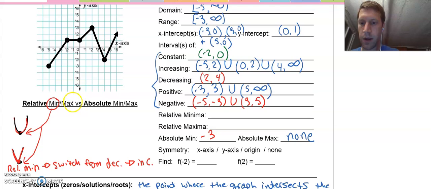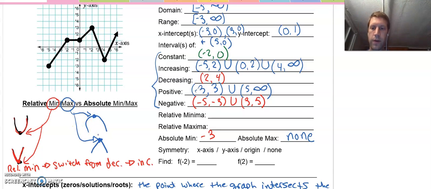Okay, now let's talk about a relative maximum. You can imagine the same thing, right? It's just going to be flipped. So like the top of a hill or the top of a mountain. Okay, so those values there are your relative maximum values. Same thing, you need to switch, now it's the opposite.